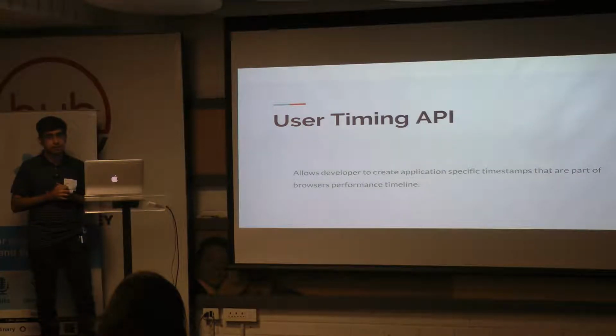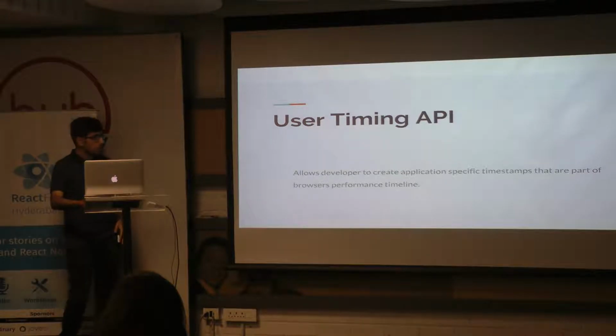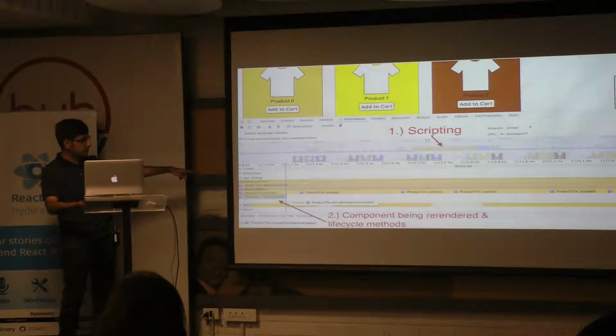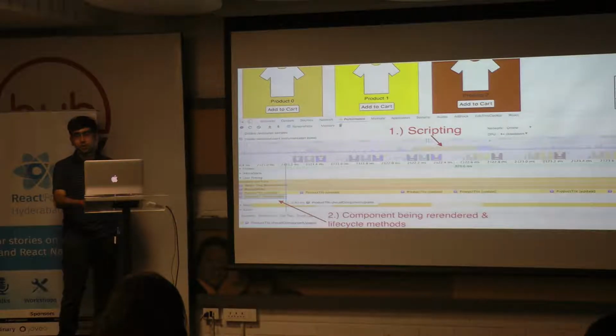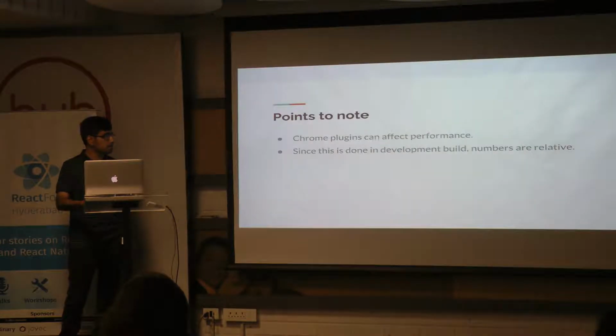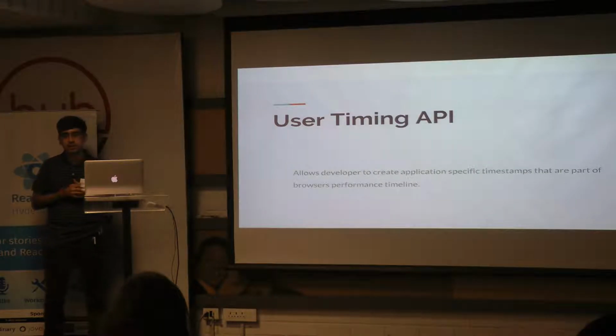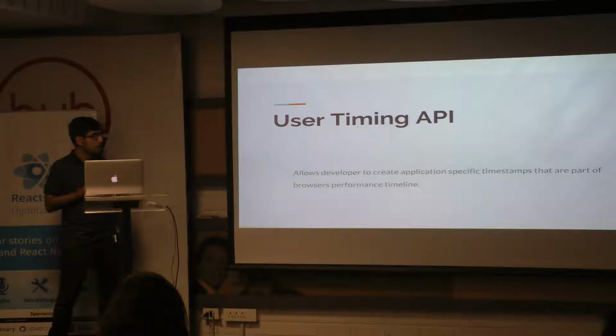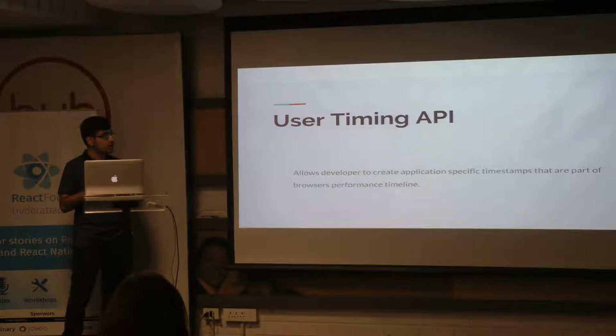Next, let's talk about the user timing API. In the previous slide, we saw how we could see all the React events in the user timing section. What if we want to see our own custom events there? The answer is the user timing API. The user timing API allows you to mark custom events on the browser's performance timeline. This is supported on Chrome and is available in Safari's developer preview, while work in Firefox is in progress.